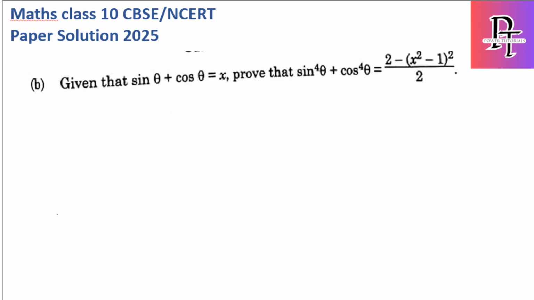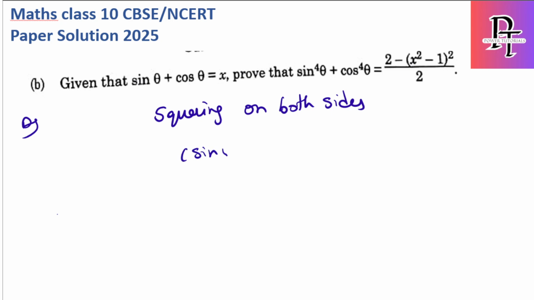Okay, let's solve B part now. They're saying sin theta plus cos theta equal to x. Prove that this relation. Okay, so first what we will do is square on both sides. If we do squaring on both sides, I will get sin theta plus cos theta whole square is equal to x square.